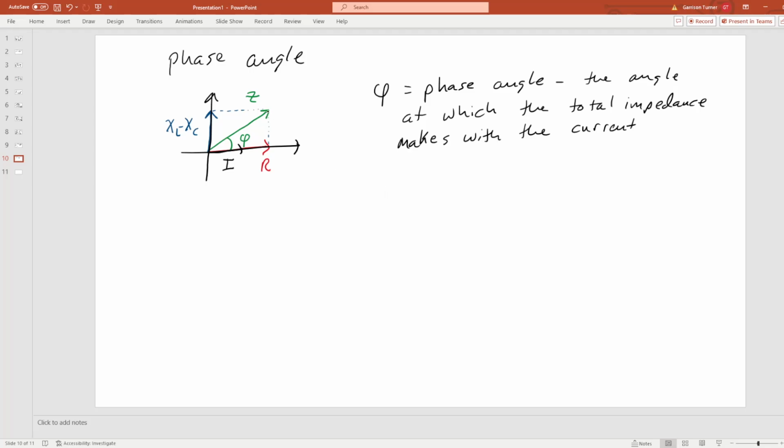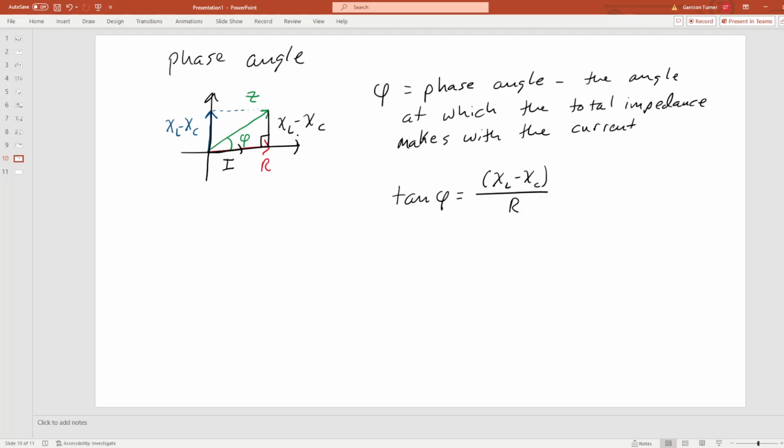Well, if we use trigonometry and make a right triangle here, then tan phi is equal to chi sub L minus chi sub C as one side of your right triangle divided by your resistance.